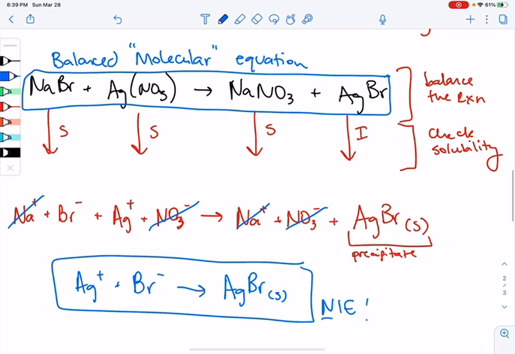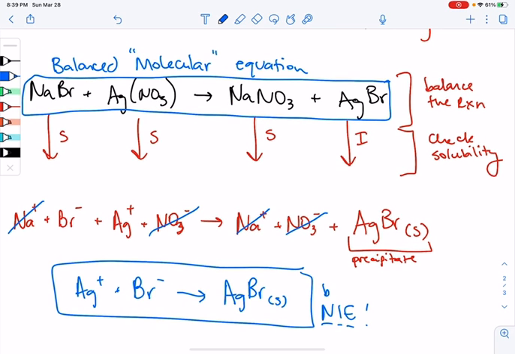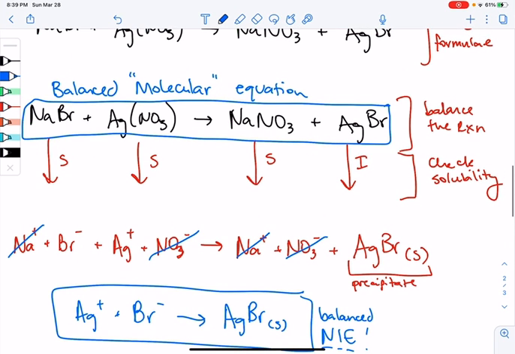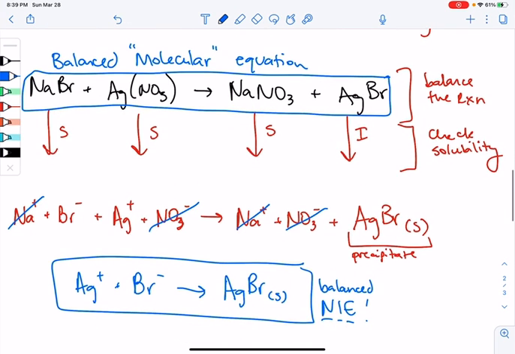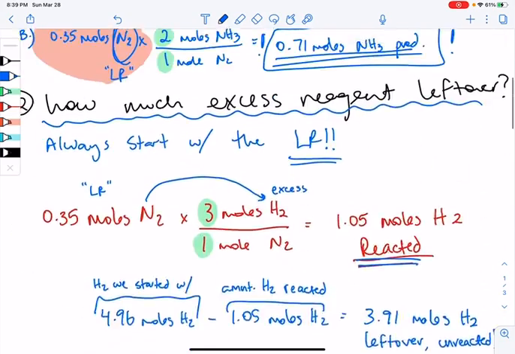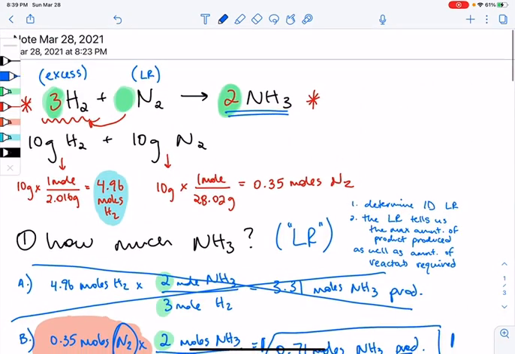So this is the net ionic equation, and you could even say the balanced net ionic equation. And this up here would be the balanced molecular equation. And so that was a quick review of these 2 really important topics, and the worksheet that you'll do today lets you kind of work through that again. We're going to go over this in class on Wednesday before we start learning some new stuff.